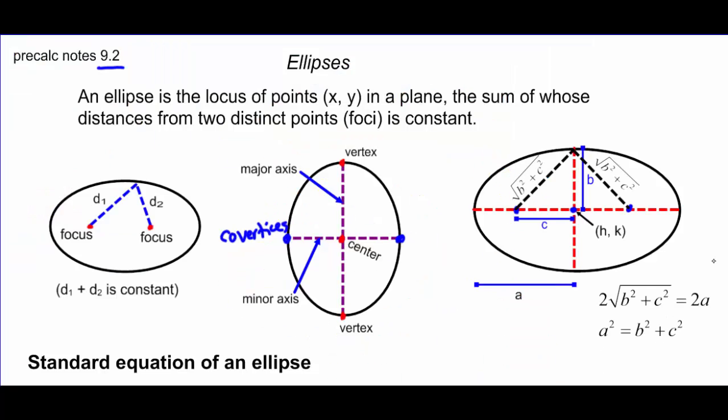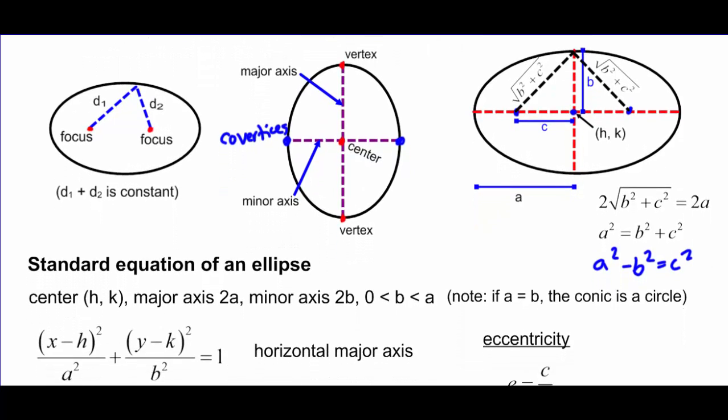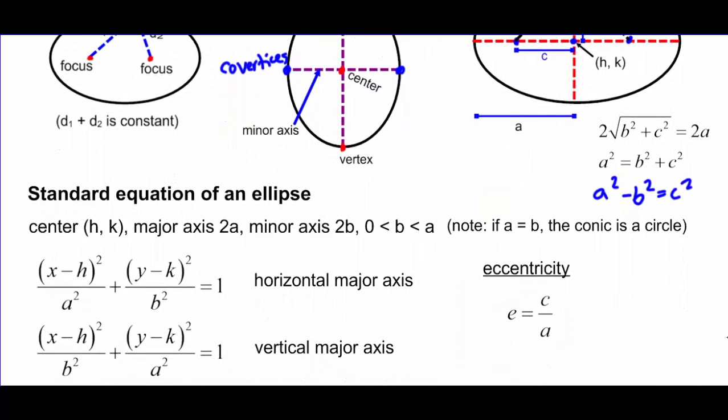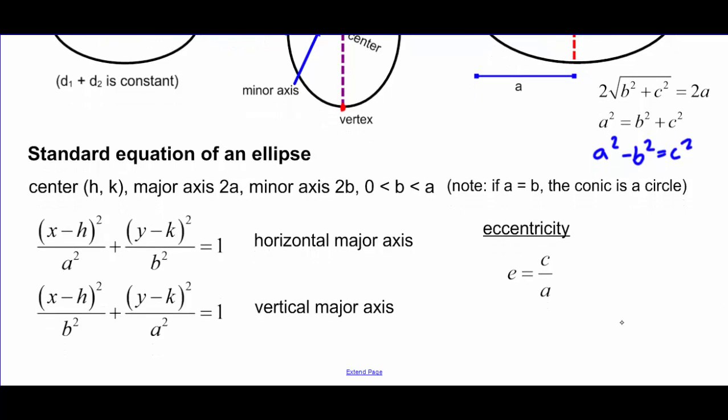You can see it here: a squared equals b squared plus c squared. You might also see it written as a squared minus b squared equals c squared. Honestly, any of those are fine. Use what you're comfortable with and what makes sense. Just make sure you don't accidentally use the real Pythagorean theorem. We are using Pythagorean, but we have the sides labeled differently. When we get to hyperbolas, we have a slightly different format, so we have to stick with this one here.